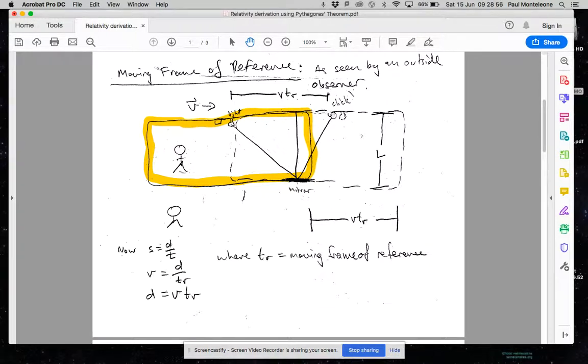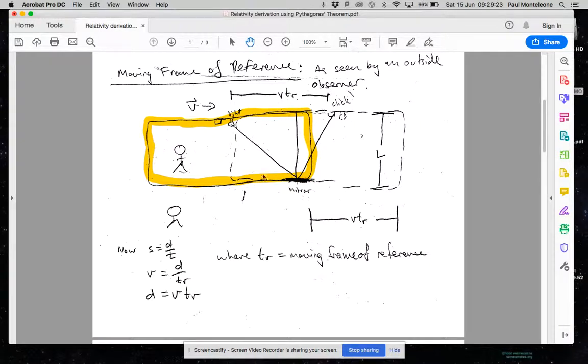To determine this, we know that the velocity of the train is v. The distance is what we're going to try and find: how far across the train carriage has gone in the time it's taken for the light to go down and back up again. So we simply rearrange for d.